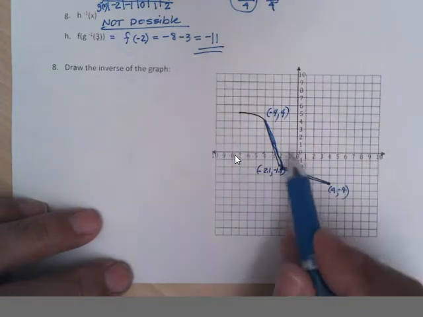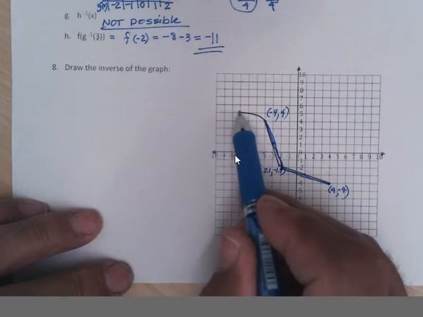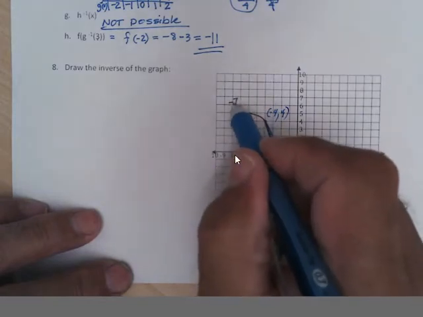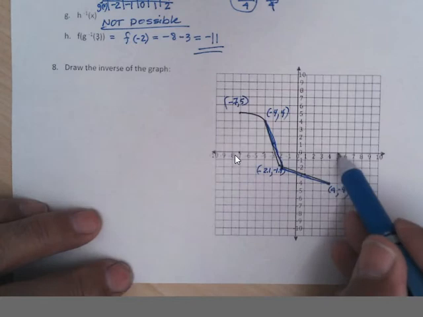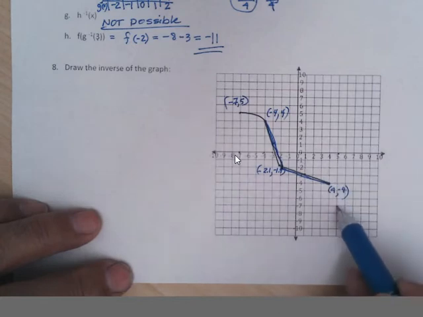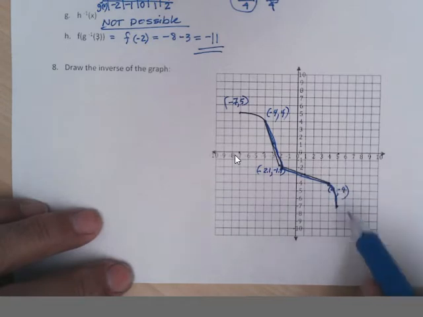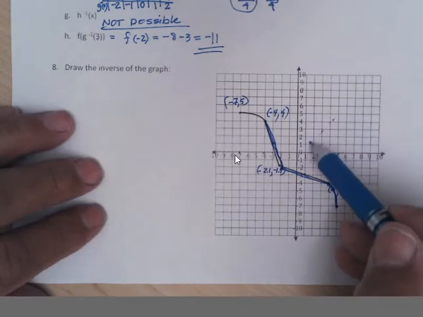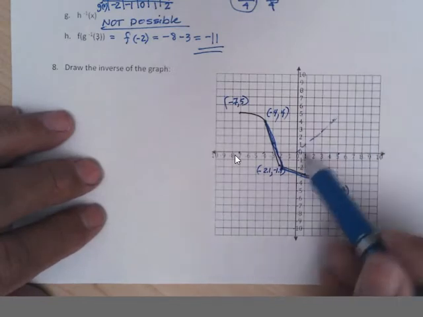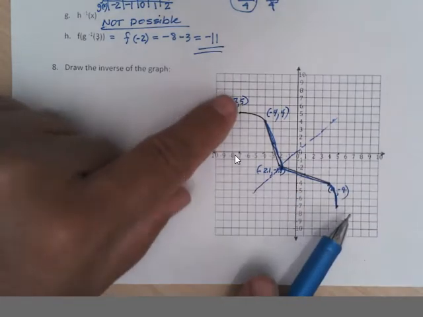So what's this point? Well, that's -7, 5. So I have to go to 5, -7. And that curl comes down like that. Again, we've discovered that it's a reflection over the y = x.